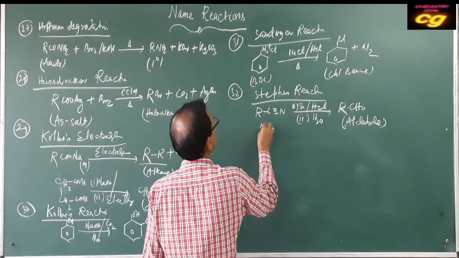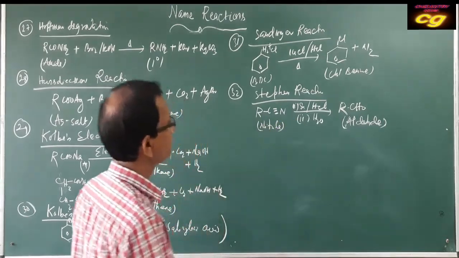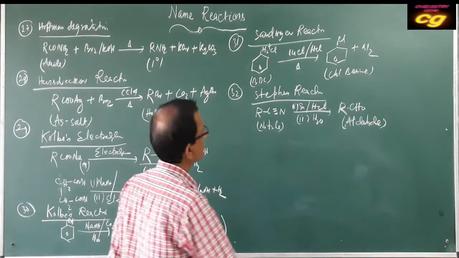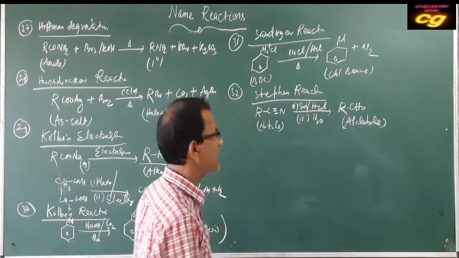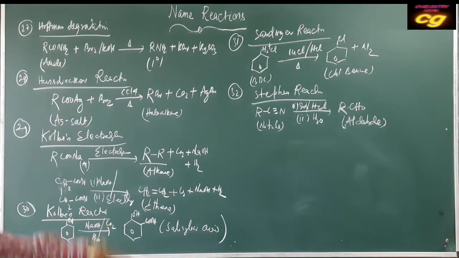This is your nitrile. Nitrile can be converted with SnCl2 and HCl, and it produces aldehyde. Nitrile can be converted to aldehyde. That is called Stephen reaction.